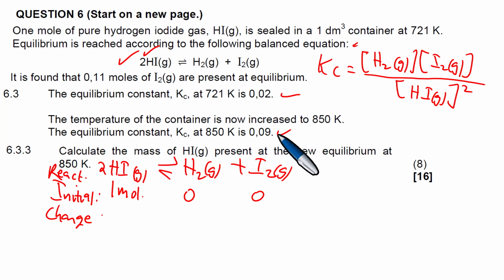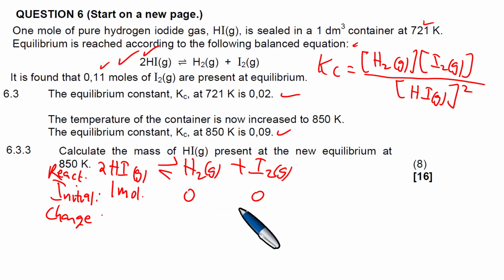But I'm going to mention what happened in the first case. The change was, it is found that 0.11 moles of hydrogen iodide are present at equilibrium. We're dealing with 721 Kelvin. So at that temperature, we had 0.11 present.